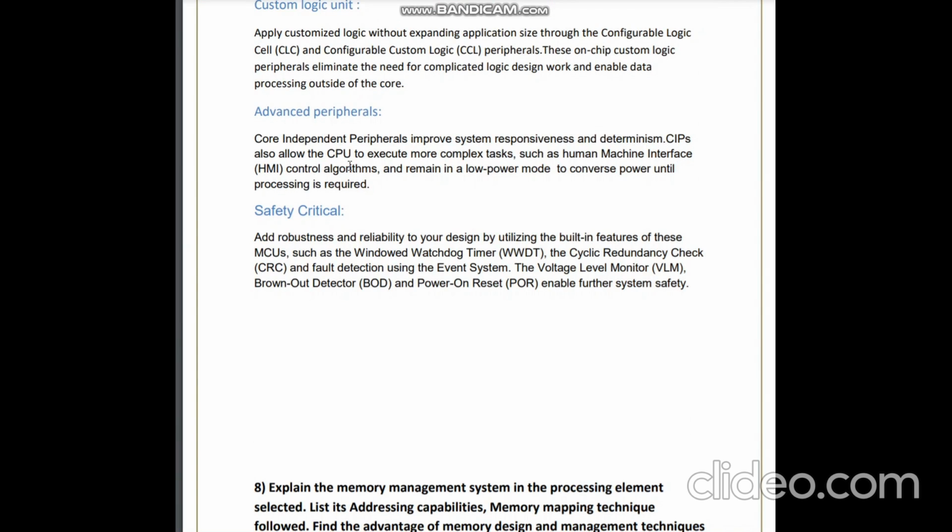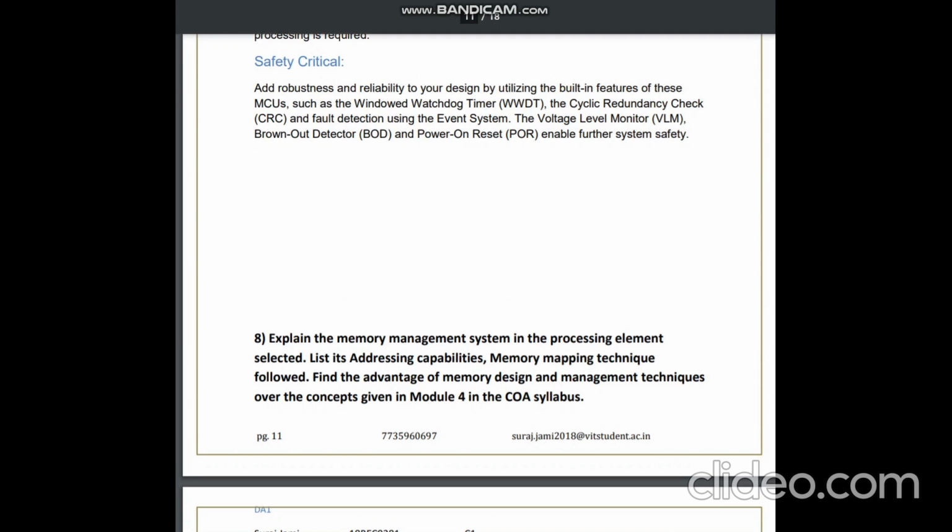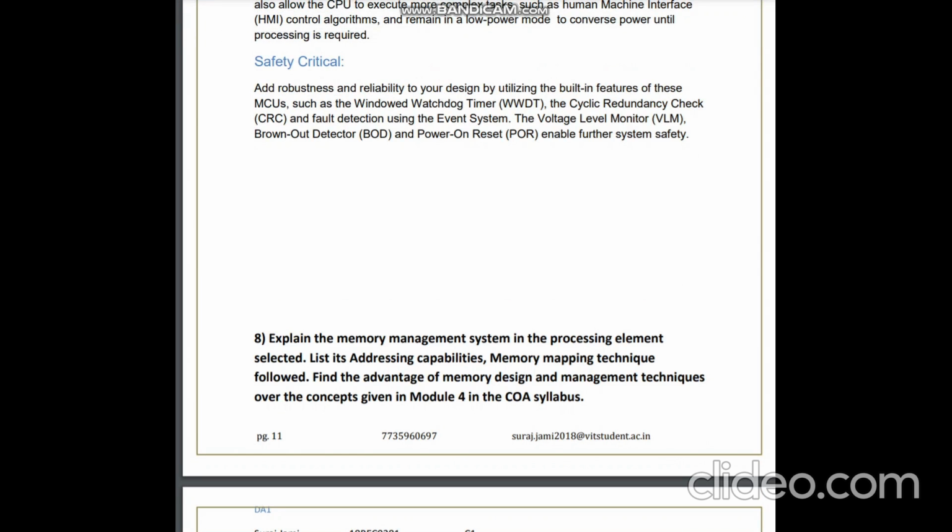CIPs also allow the CPU to execute more complex tasks such as human machine interface, HMI, and control algorithms. Safety critical: add robustness and reliability to your design by utilizing the built-in features of these MCUs, such as the window watchdog timer, WWDT, the cyclic redundancy check, CRC, and fault detection using the event system.